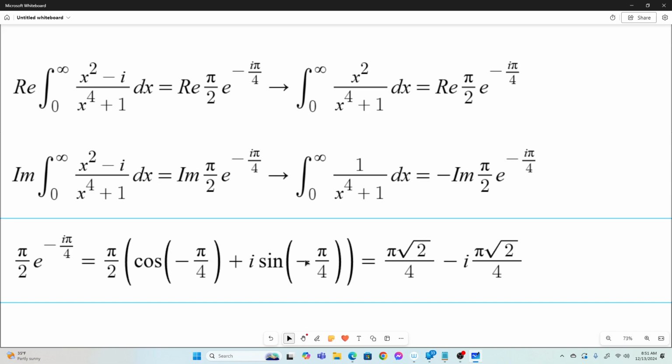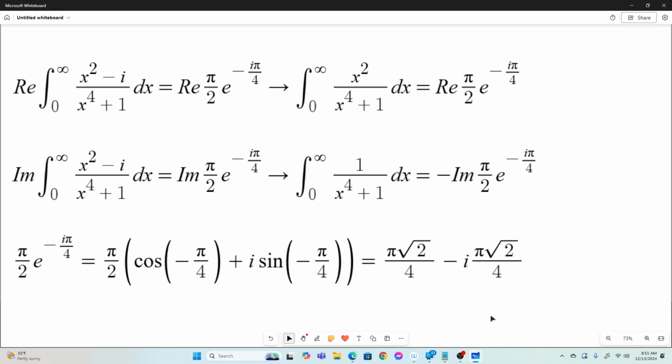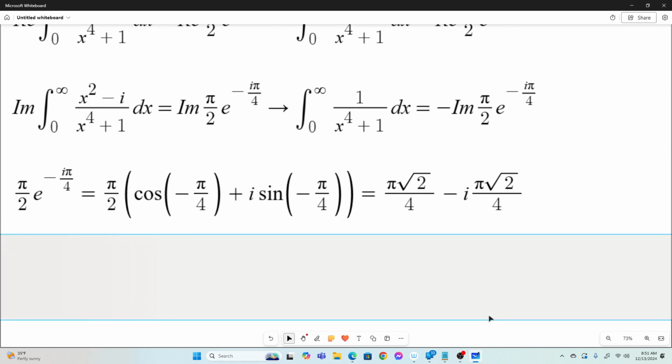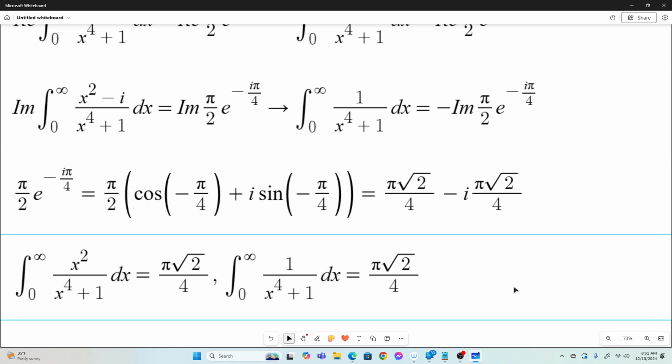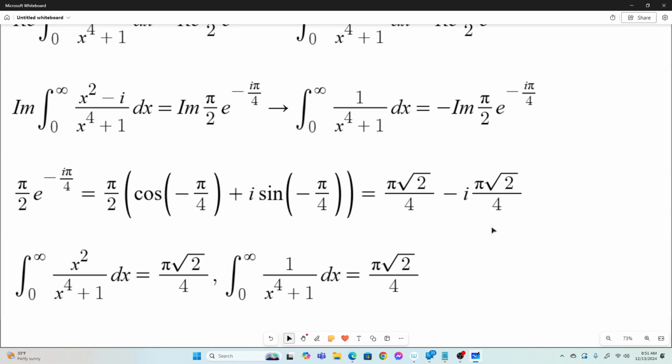And sine of negative pi over 4 is negative sine pi over 4. Sine pi over 4 is square root of 2 over 2. So we get this. Pi over 2 times e to the negative i pi over 4 is just pi square root of 2 over 4 minus i times pi square root of 2 over 4. So we're pretty much done. So that's it. We just match up the real and imaginary parts.